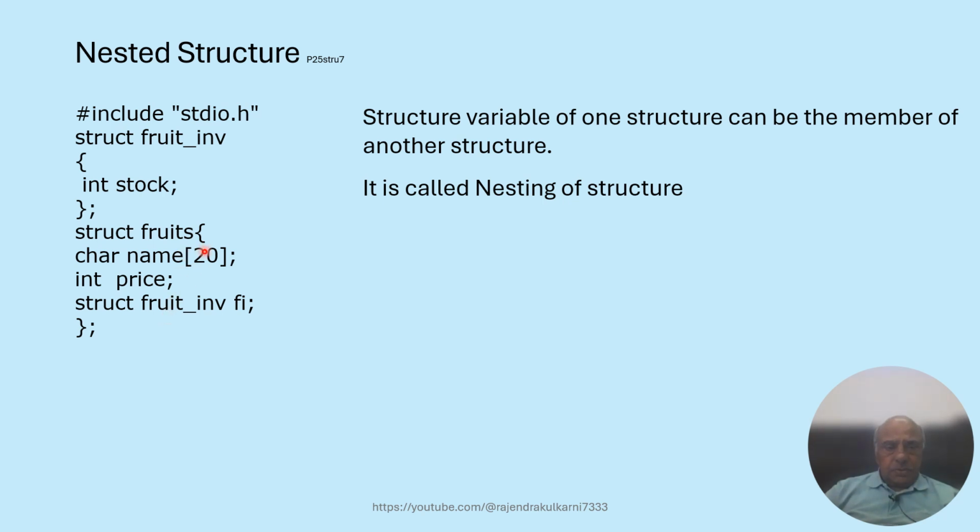One is the name, price, and this is a structure variable fi, which is a member of structure fruit_inv. So this is how we have made a variable of structure fruit_inv a member of another structure called fruits in our program.